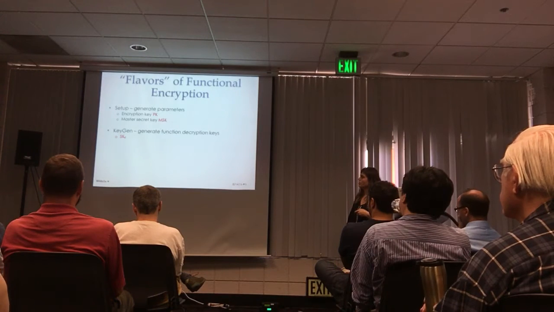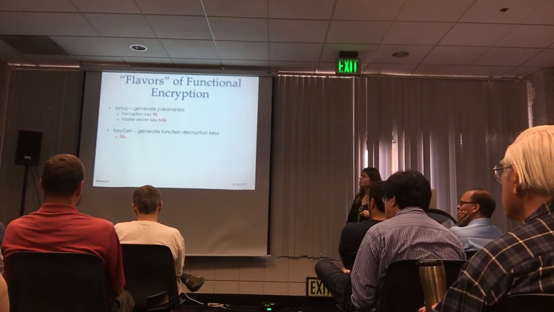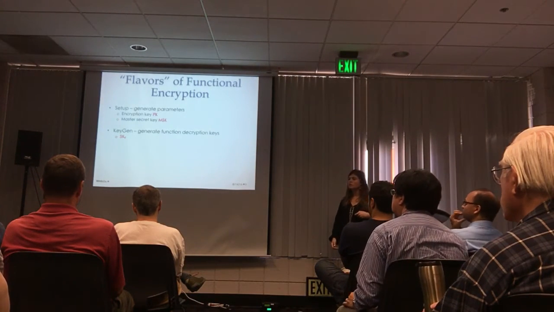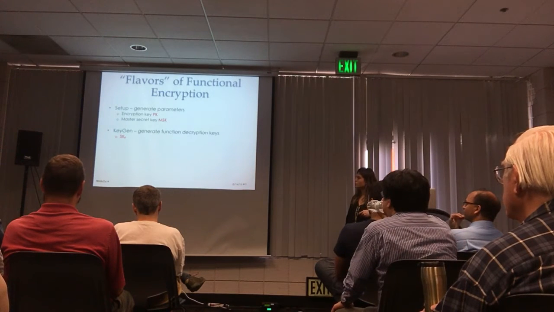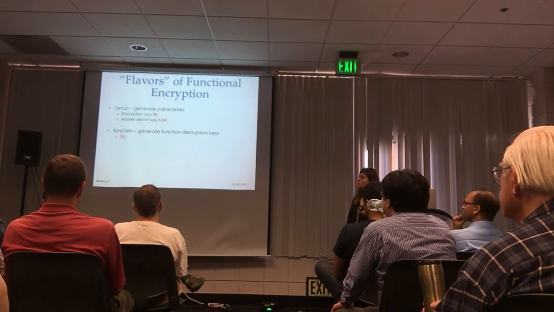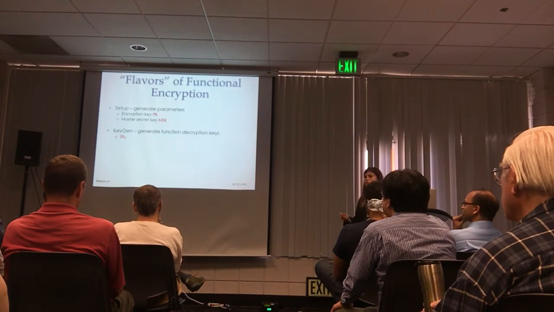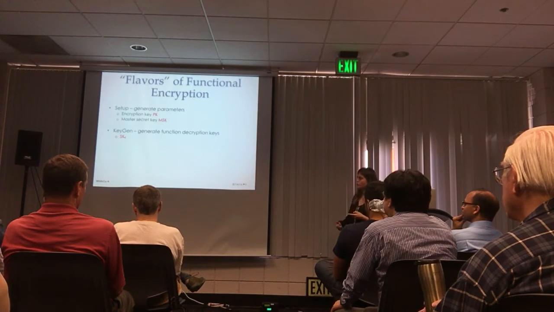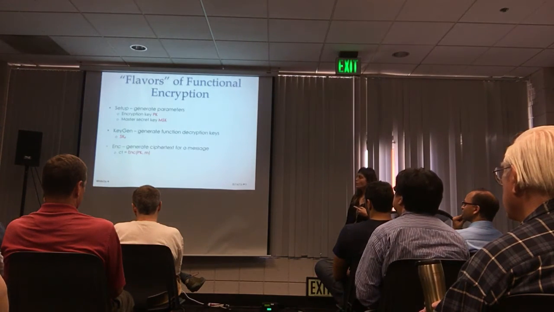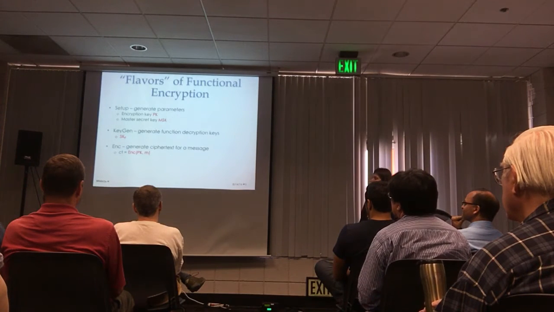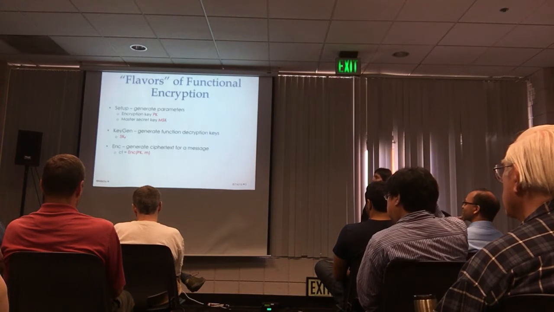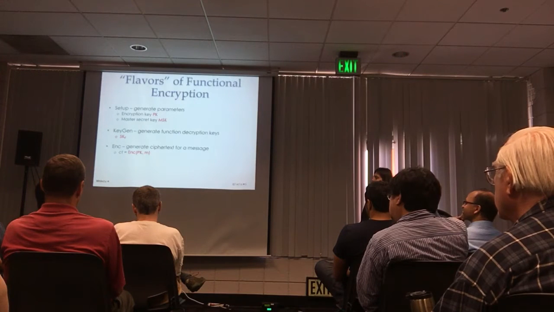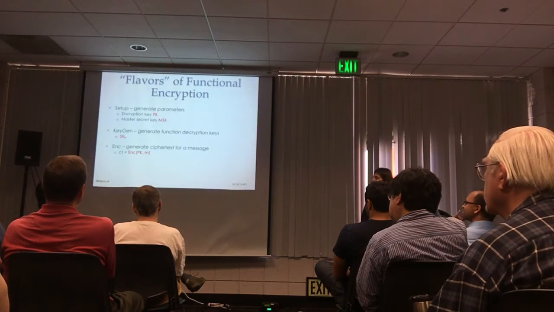If we're given the master secret key of the encryption scheme, then we can run this key generation and obtain a secret decryption key that's associated with only some particular function f. And we will see during decryption how this function f will be used.